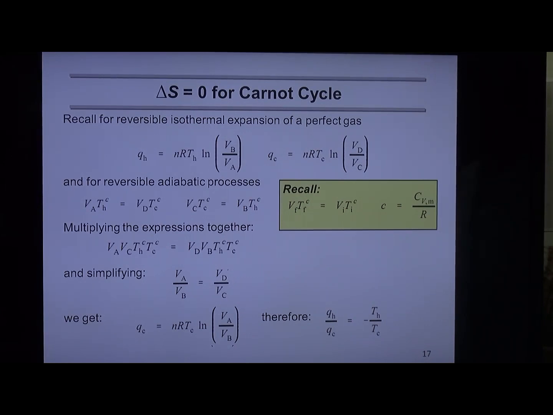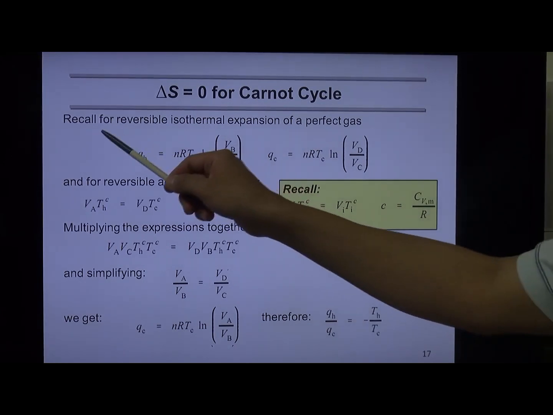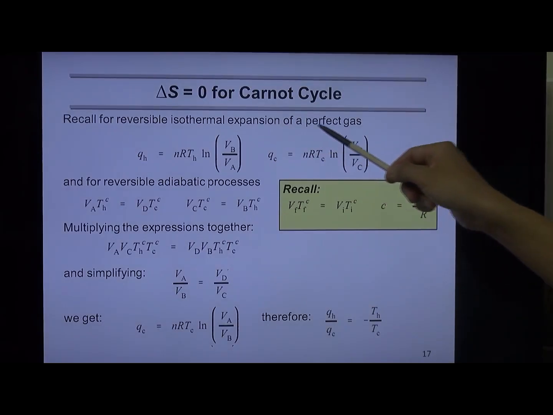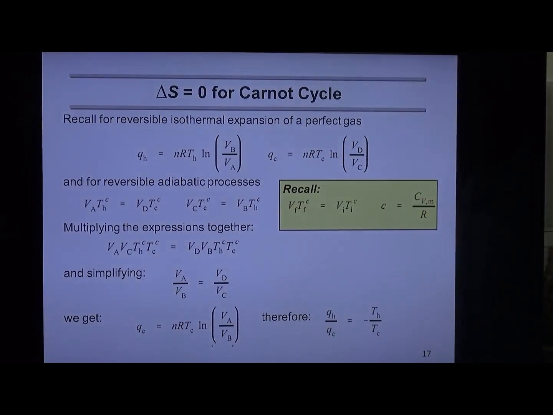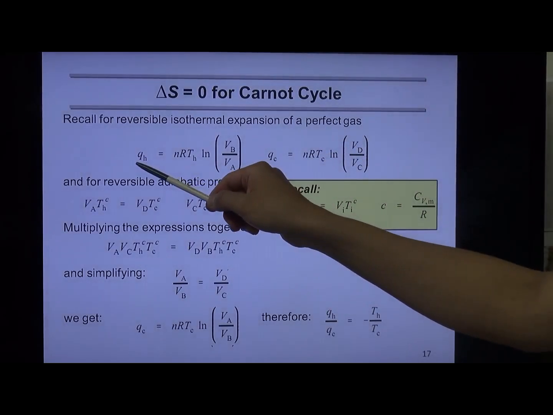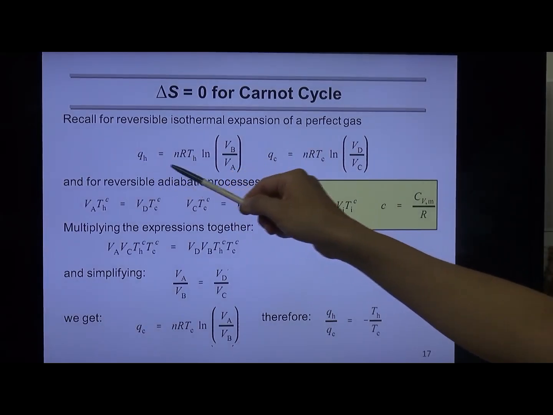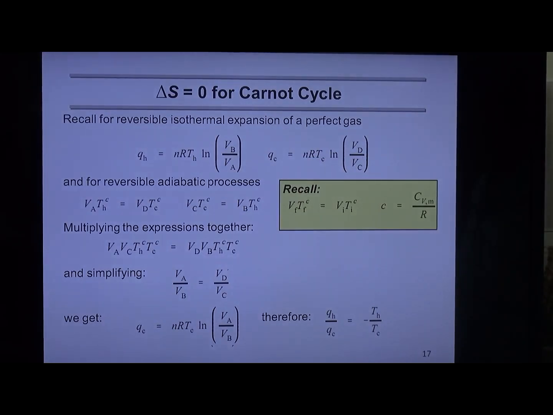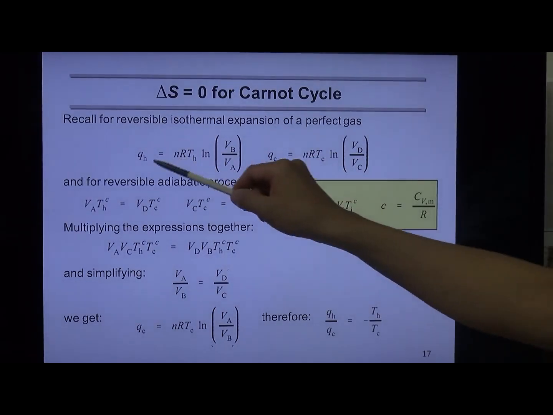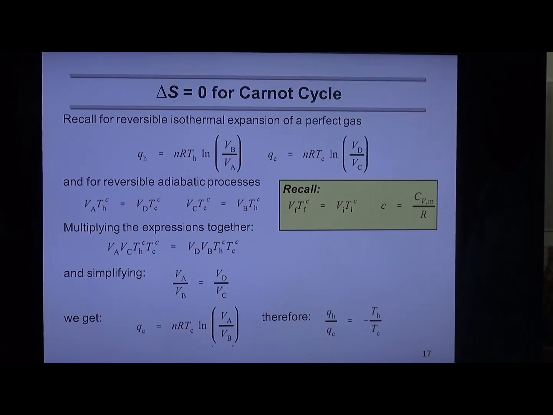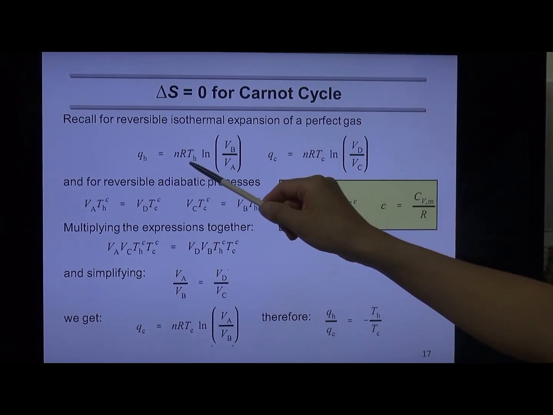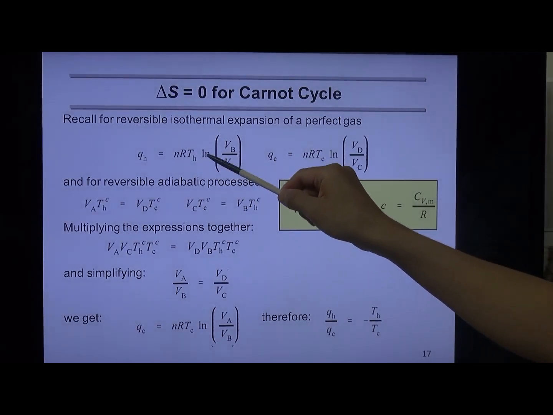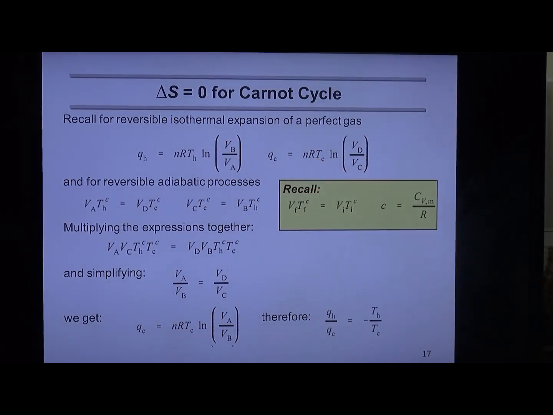If you recall chapter 2, for reversible isothermal expansion of perfect gas, you remember? Q was represented as nRT log V over V, right? Remember? Okay. So QH during isothermal reversible expansion should be nRTH times log VB over VA, final volume to initial volume.